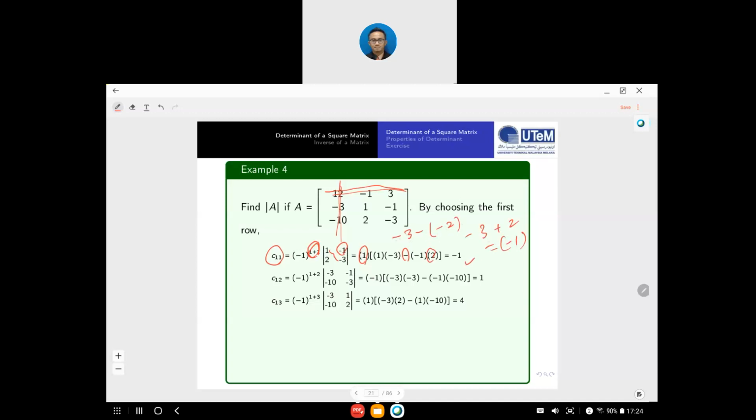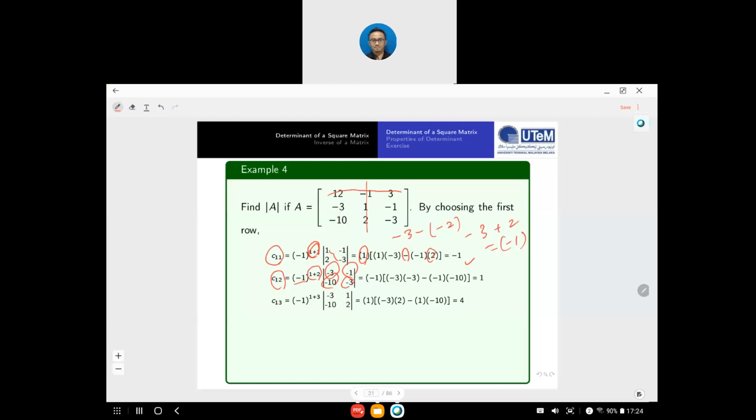Also the same thing for cofactor 1, 2. Cofactor 1, 2 you can get by negative 1 to the power of 1 plus 2. And then the rest. What is left? Because you want to find 1, 2, which is row 1 and column 2, the rest is negative 3, negative 1, negative 10 and negative 3.